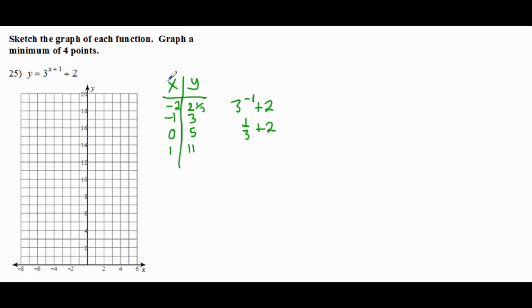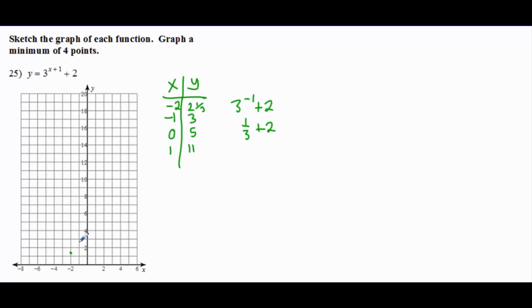Now all of that you can get from your table of values on your graphing calculator. 2 and 1/3 would probably be either 2.3333333, or it might tell you as whatever that is as an improper fraction. 7/3 is what it would tell you. When I graph this, at negative 2, it's 2 1/3.